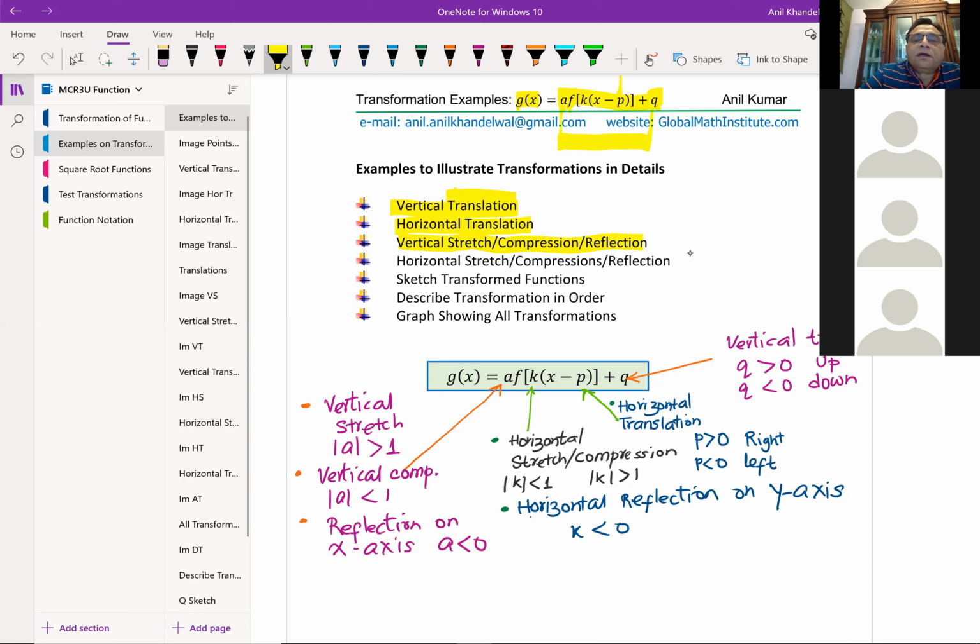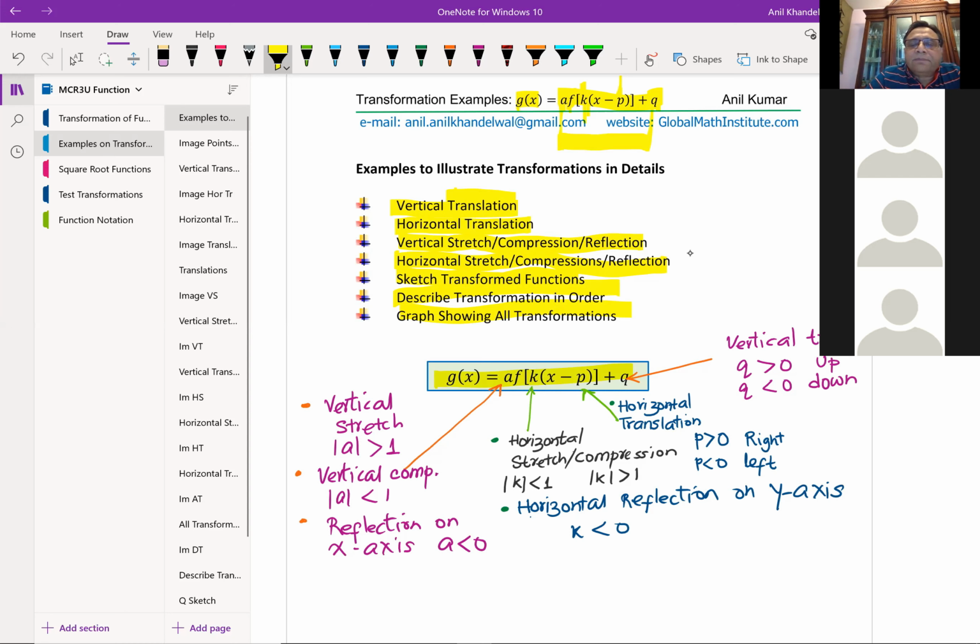The horizontal stretch, compression, and reflection will be controlled by the parameter k in this particular equation. Then we'll take examples to sketch transformations, to describe transformations. Remember, transformations should always be described in a particular order, right? And then we'll have some graphs showing all the transformations. Here is a kind of summary, and at the end of the video, you will learn all these parts of transformation.